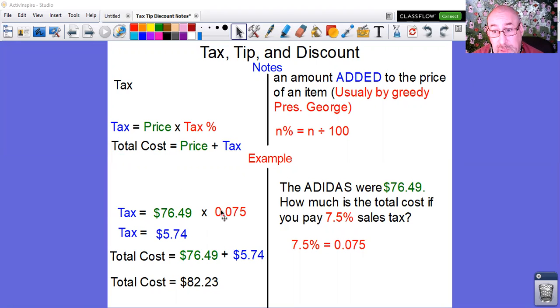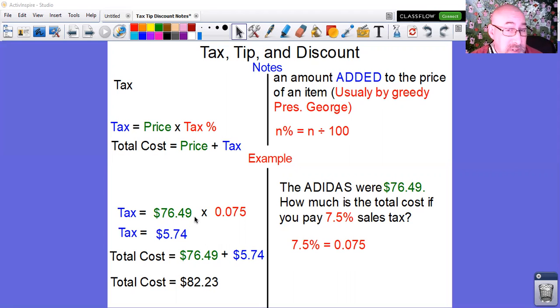We're going to multiply it by 0.075. I got that because 7.5% means 7.5 over 100. So 7.5 divided by 100 gives me that decimal value. I multiply it times my cost, 76.49. That gives me $5.74.